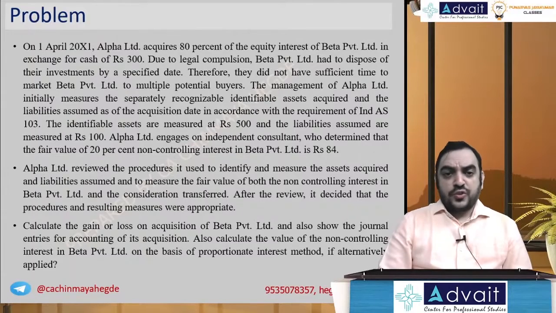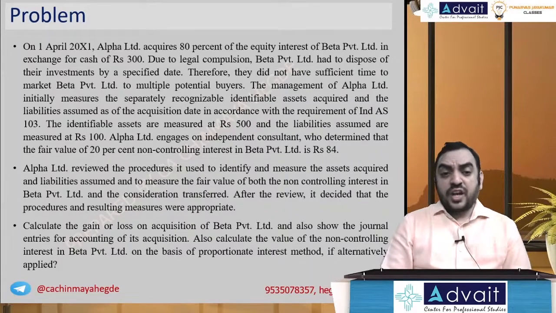On 1st April 2001, Alpha Limited acquires 80% of interest in Beta Limited in exchange for cash of rupees 300. Due to legal compulsion, Beta Private Limited had to dispose of their investment by a specified date. Therefore, they did not have sufficient time to market Beta Private Limited to multiple potential buyers.